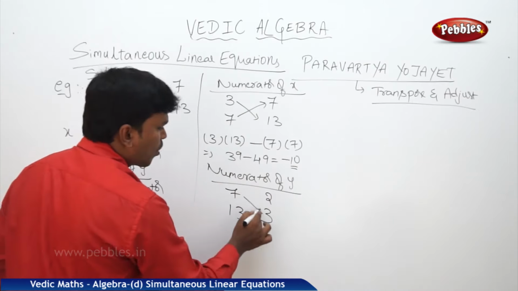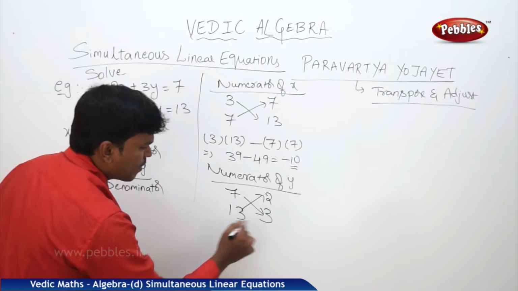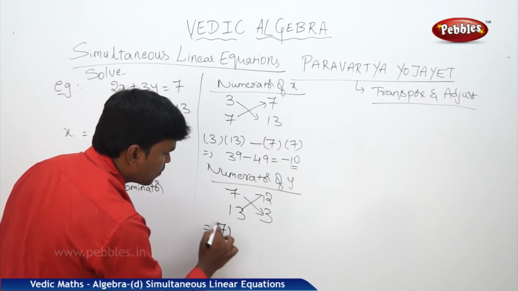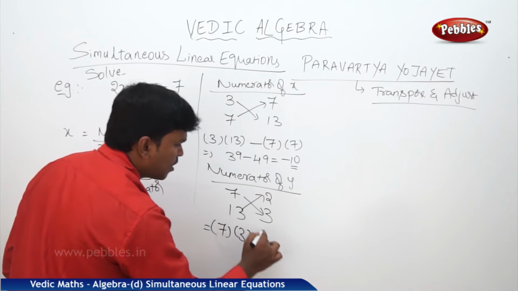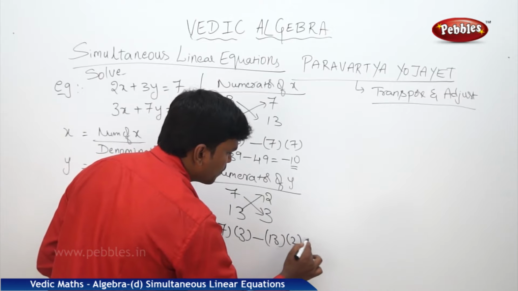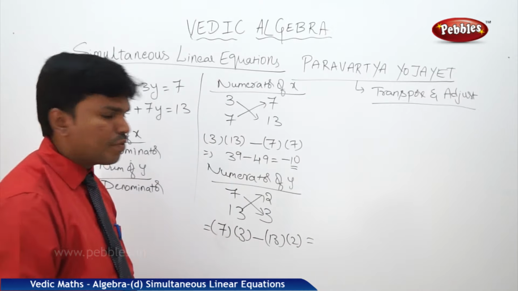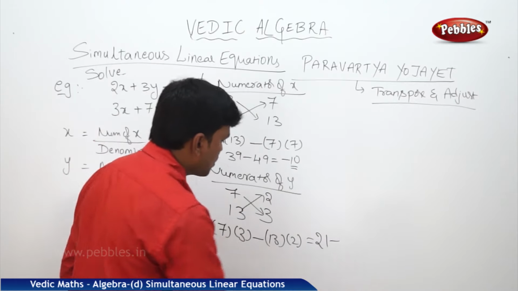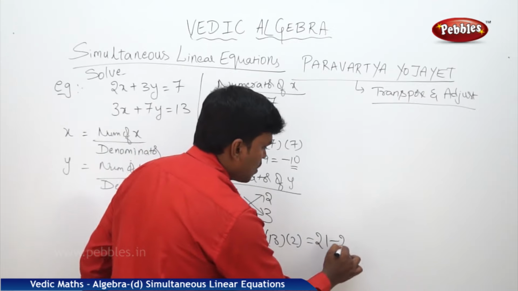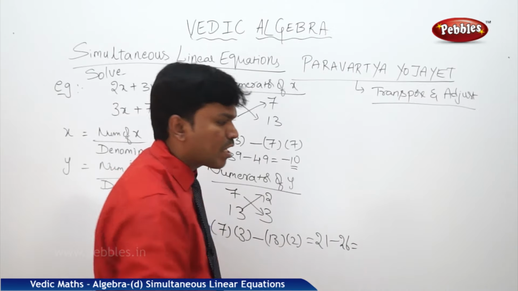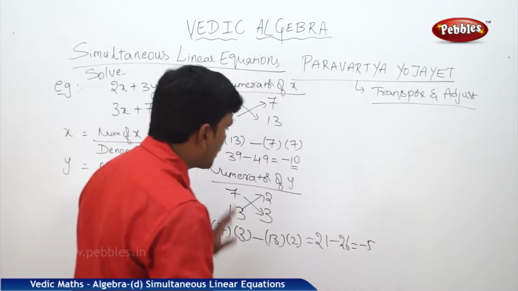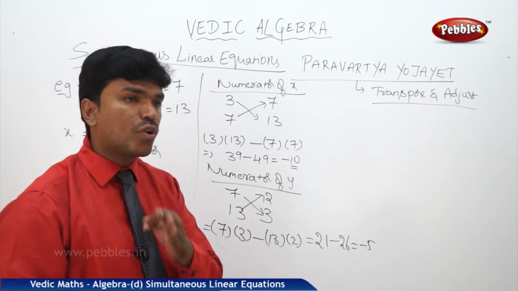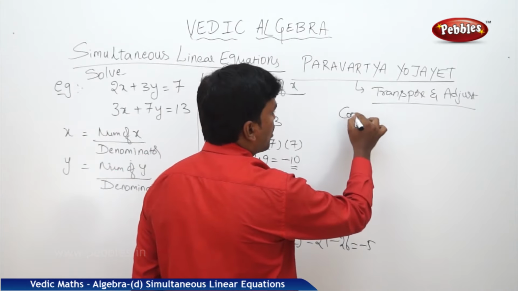Cross multiply and take the difference: 7 into 3 minus 13 into 2. 7 threes are 21 minus 13 twos are 26. So 21 minus 26 is minus 5. So we got the numerator of y also. Numerator of x is minus 10, numerator of y is minus 5. Now I want to find the common denominator.